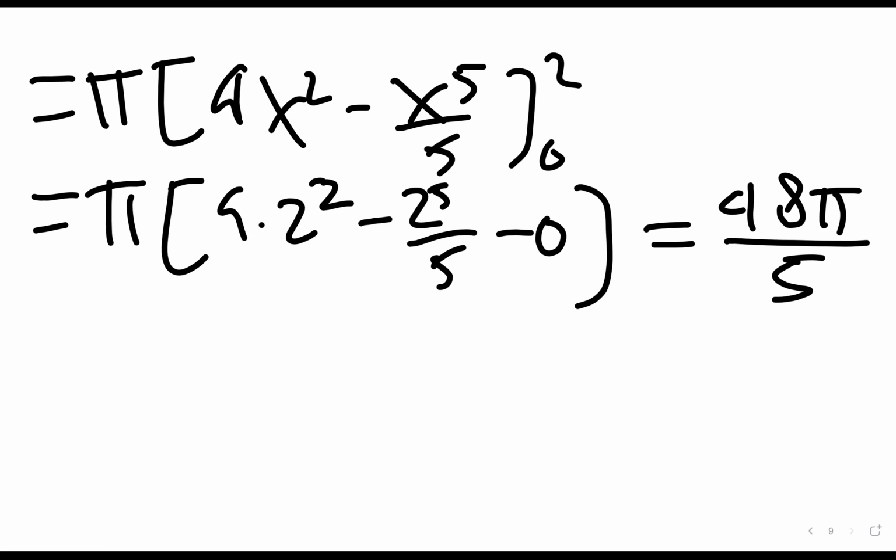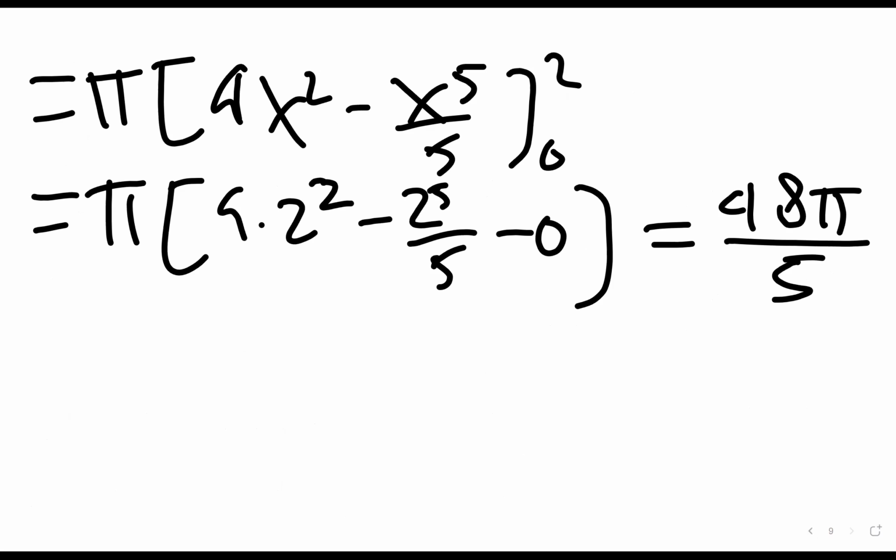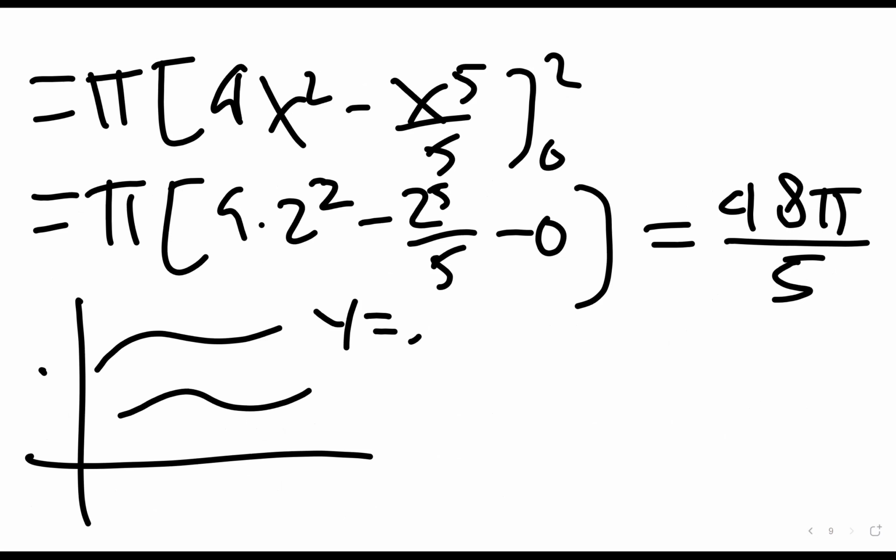Any question or comment? Okay, so of course, if you take a look at this example, the method of disk is actually a special case of the method of washer, but the second curve is actually y equals 0, or the x-axis. So in general, let us say that you have the curve y equals f of x, and then here you have y equals g of x.